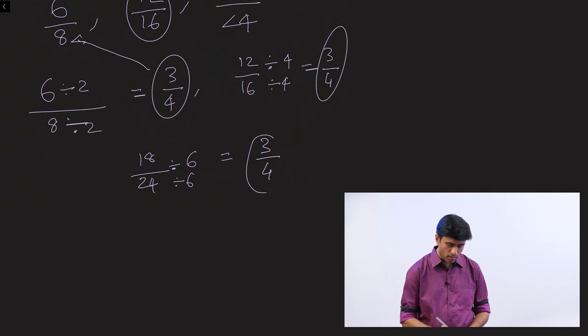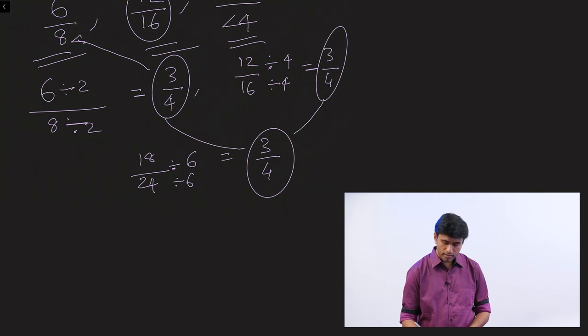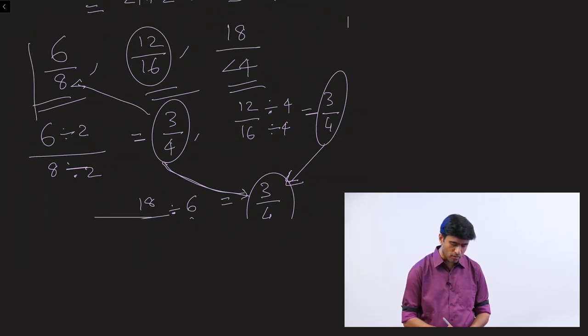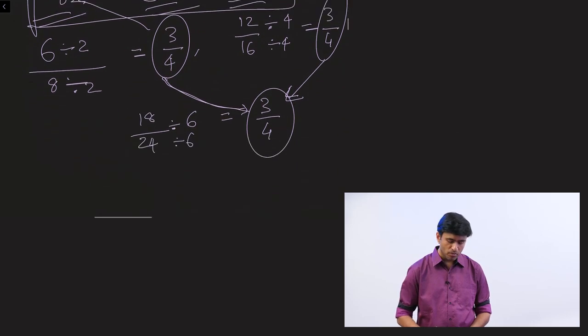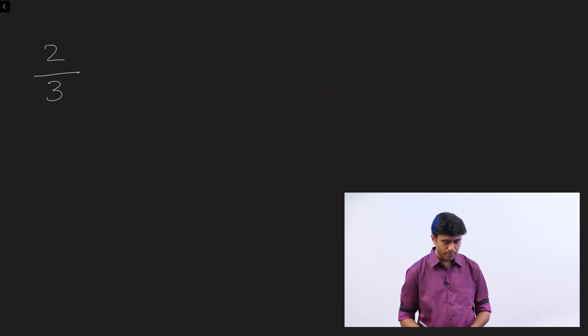You see, all the 3 fractions have 3 by 4 as the common value. So when the fractions are reduced to their simplest form, if the value is the same, 3 by 4, 3 by 4, 3 by 4, these fractions are called equivalent fractions. Can you tell me what could be the equivalent fractions of 2 by 3?